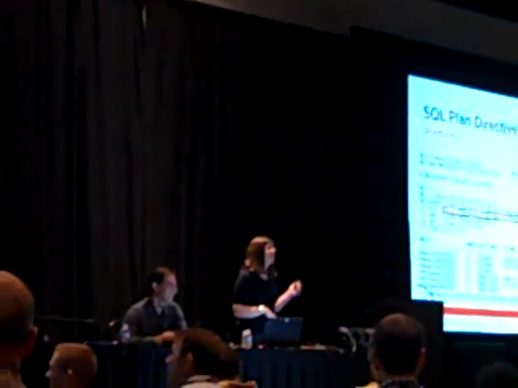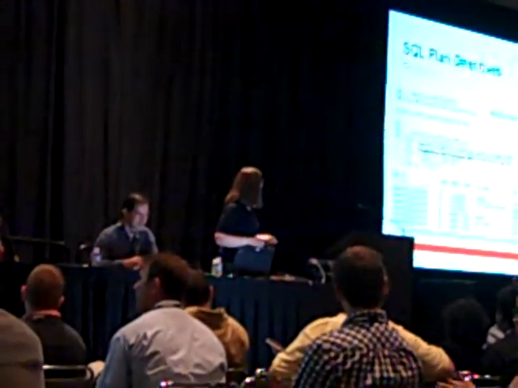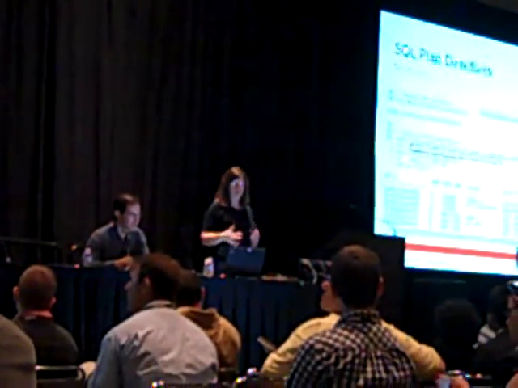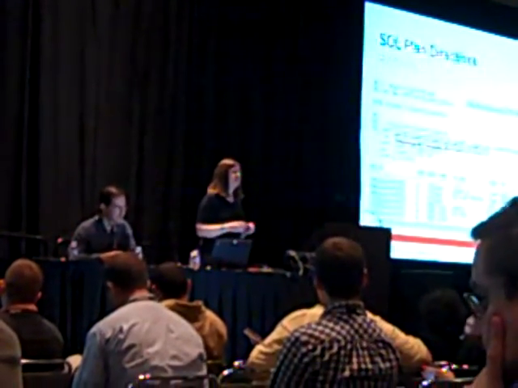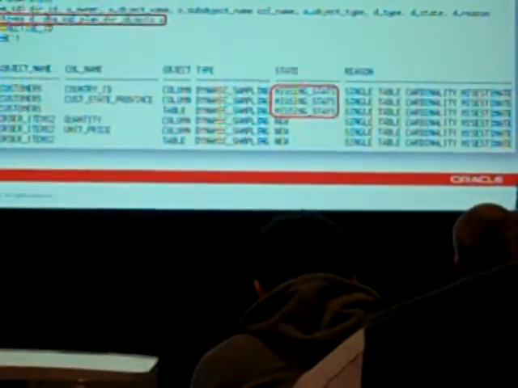Now, you'll also see that each of the SQL plan directives has a state listed there, whether it's new, and in this case, one of them says it's missing statistics. This is from the example I just showed you, where we were able to realize that the directive was in place because there were multiple single column predicates being used on the customer table, and that extended statistics would have been a good way to give us that same information.